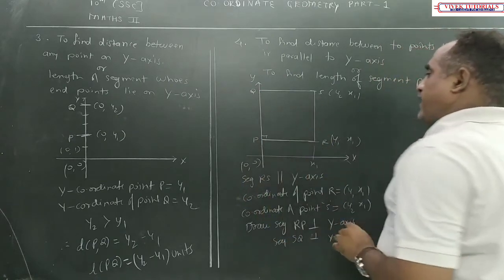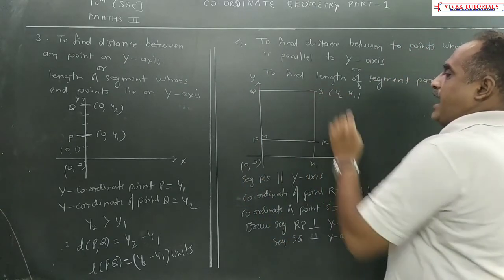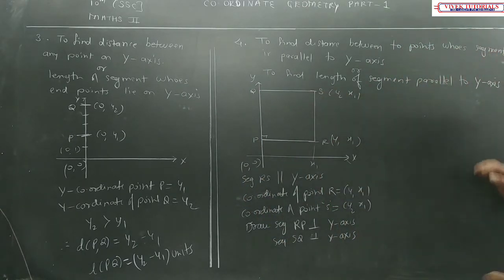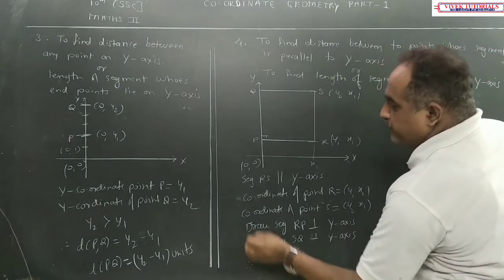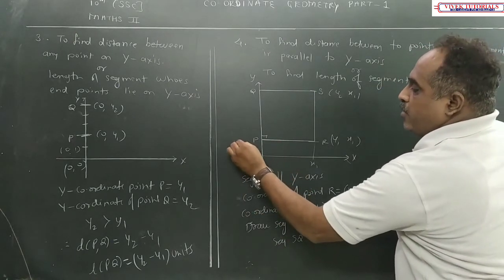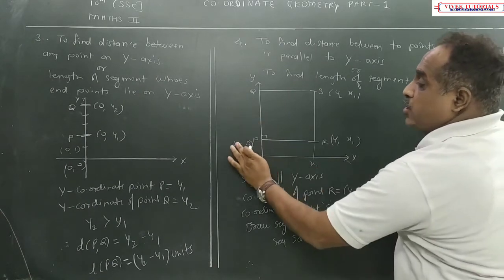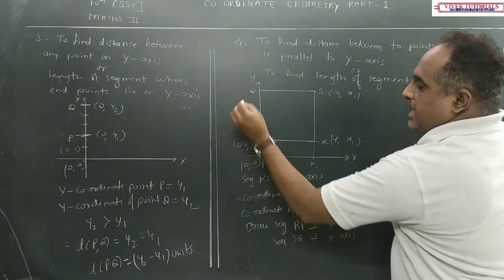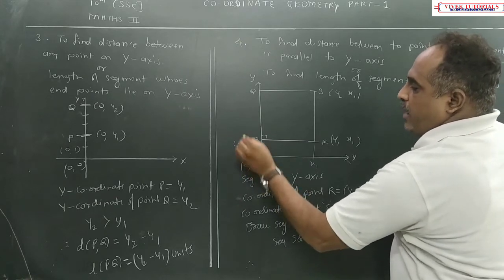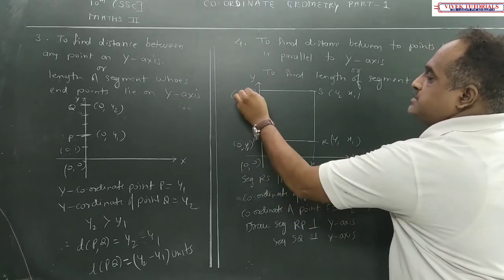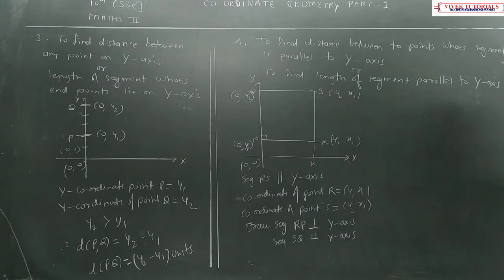You got it? Have you understood this? Therefore, this will become 0 comma y1, and this will become 0 comma y2.